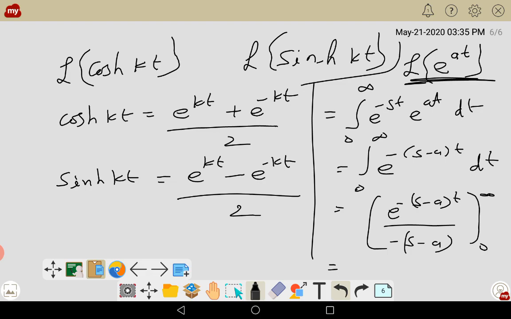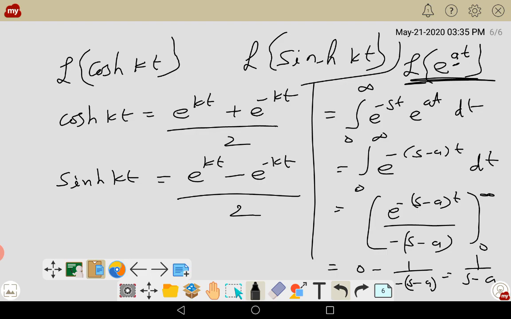The upper limit will give you 0, so the lower limit, 0 minus 1 over minus (s minus a). The answer is 1 over s minus a. So this constant a will be subtracted from s, that is it.